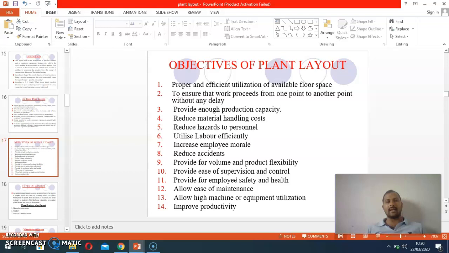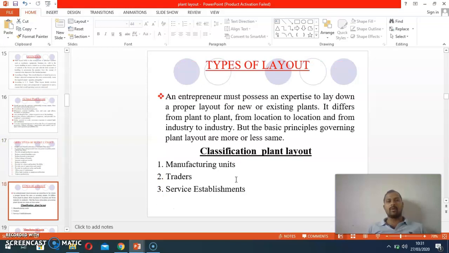So we have to arrange it such that it provides enough production capacity, reduces material handling cost, reduces hazards to the personnel, utilizes labor efficiently, increases employee morale, reduces accidents, provides for volume and product flexibility, provides ease of supervision and control, provides employee safety and health, allows ease of maintenance, allows high machine or equipment utilization, and finally improves productivity.